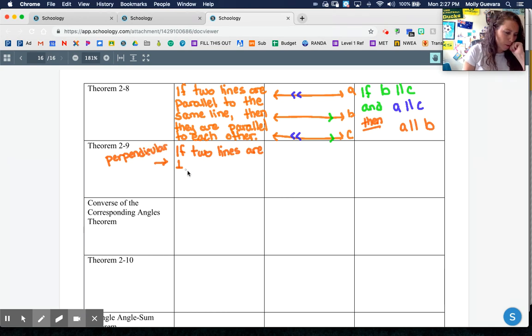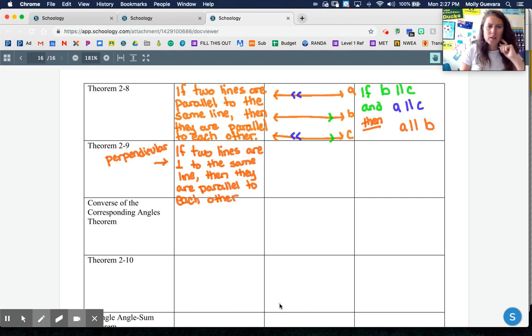So if 2 lines are perpendicular to the same line, then they are parallel to each other. So if 2 lines are perpendicular to the same line, then they are parallel to each other.